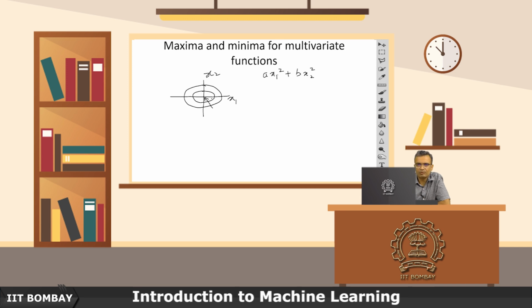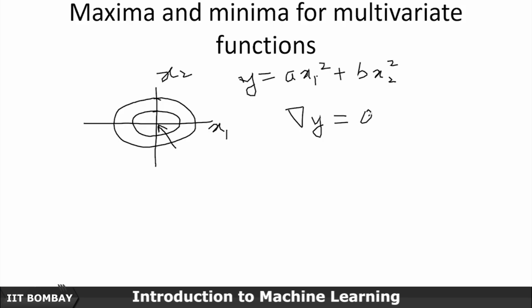So, this critical point which is the minima is represented by gradient of y equal to 0, which means both dimensions of the gradient are going to be 0. So, which means that 2a x1 and 2b x2 are both 0, which means that both x1 and x2 are 0. That's how we land up at the origin.